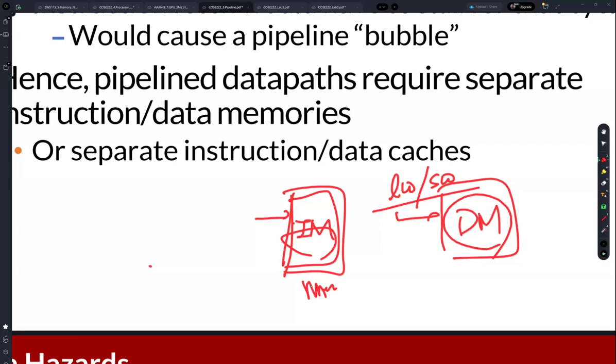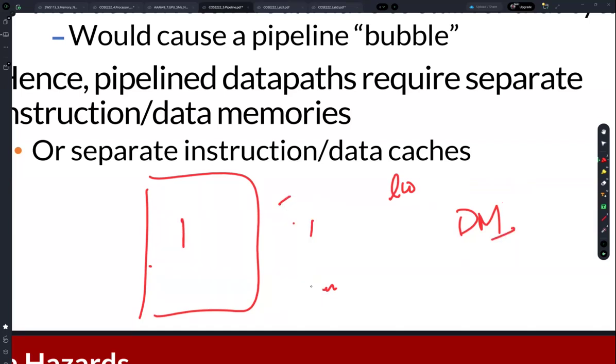But if we just use a unified memory, like one memory, then all instructions access this memory, so the memory resource is occupied.